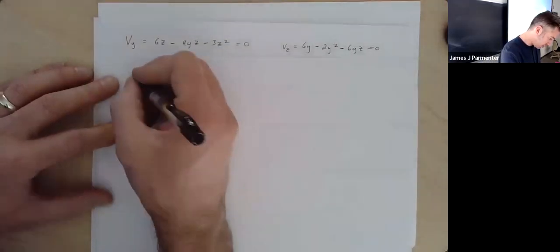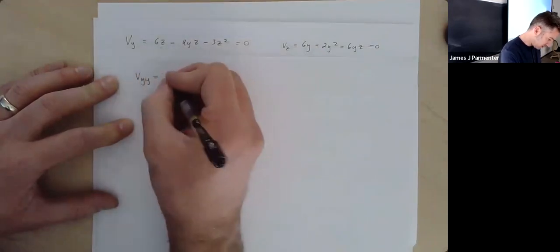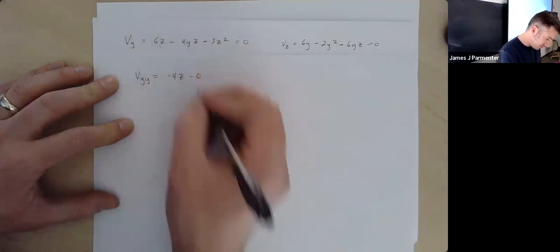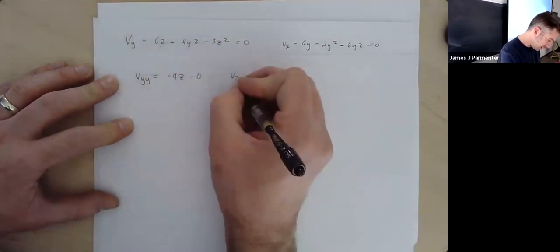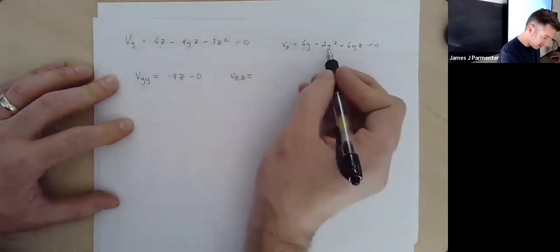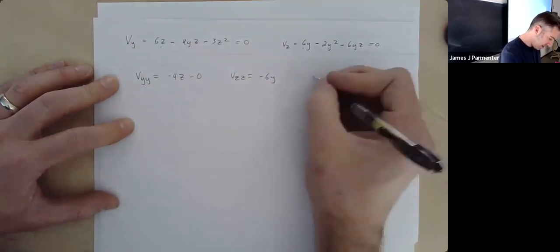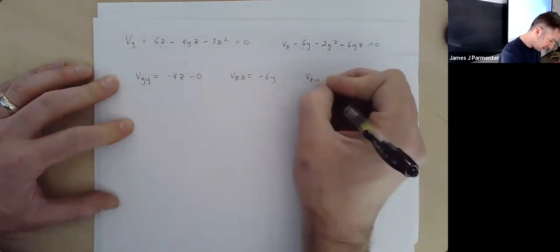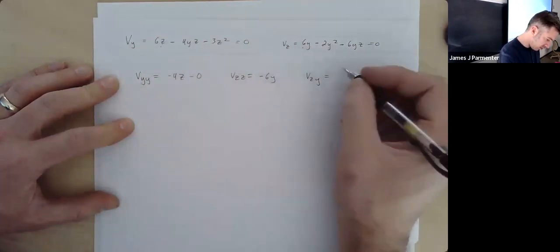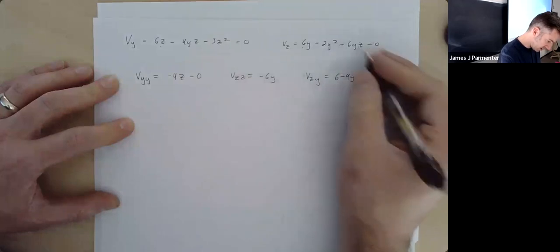Our second partials are going to be VYY, which is 0 minus 4z minus 6z, minus 0. And then VZZ is going to be the derivative of that, 0 minus 6y. And then the mixed partial VZY is going to be 6 minus 4y minus 6z.